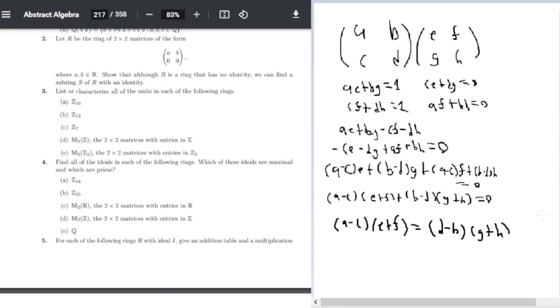So let's think from here. So A minus C, wait, let me think about this more carefully about what this means.